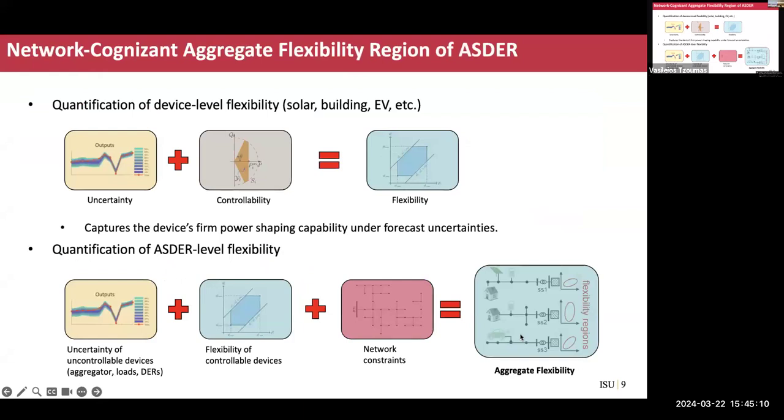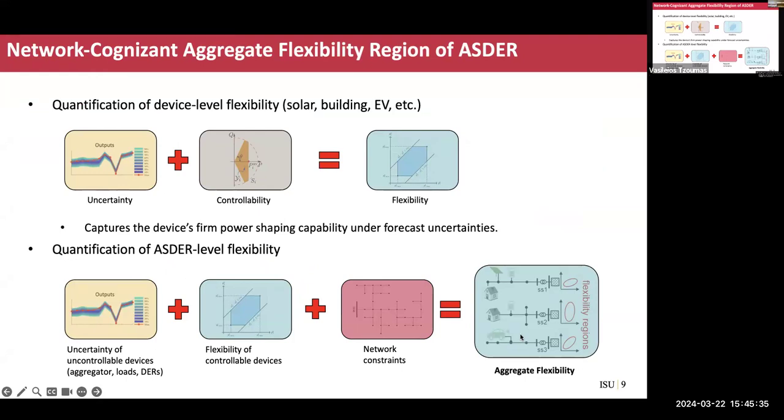Okay, so we want to distinguish between two types of flexibilities. One is at the device level, where we have uncertainty and controllability. We can quantify the flexibility at each device level: for each rooftop solar, for each building, for each EV, how much flexibility they have. We assume that we already have a good understanding of that.